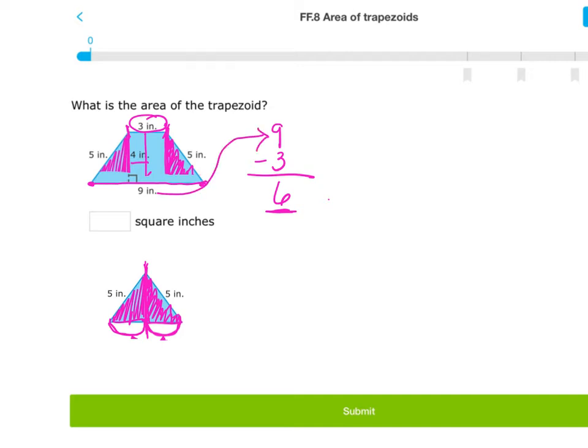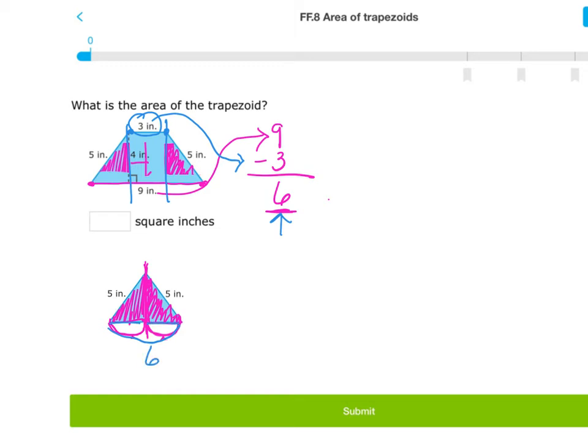And then at the top, I see that from this corner, cutting this trapezoid into these 3 parts, that part is 3. And I decided I'm going to subtract that 3 from the 9 on the bottom to get the part that would be left over, which is the 6. So now I know that the bottoms of these 2 triangles together make 6.